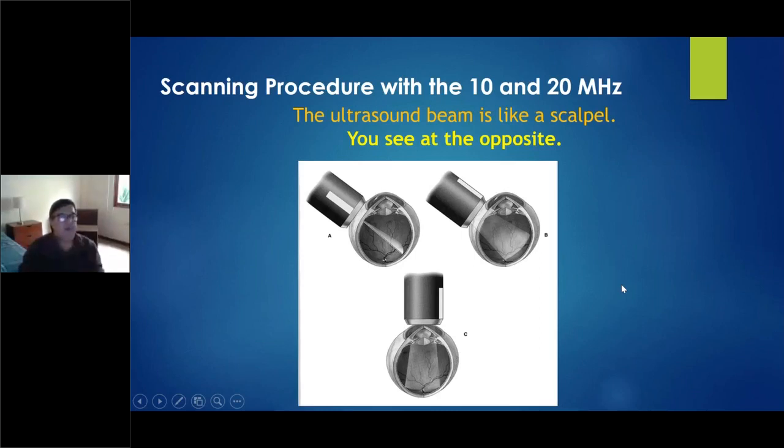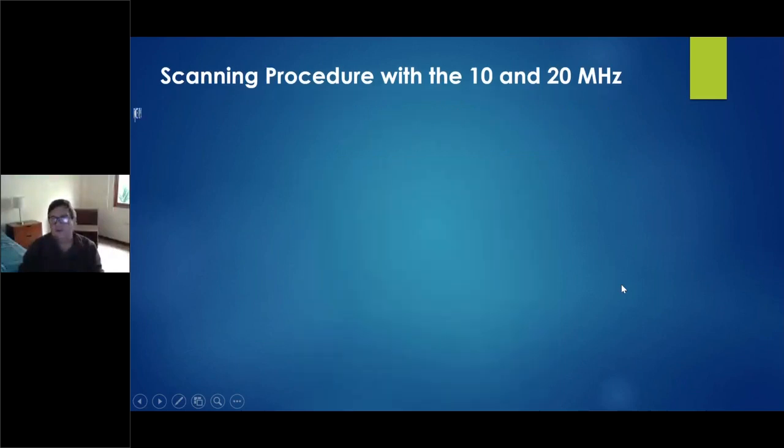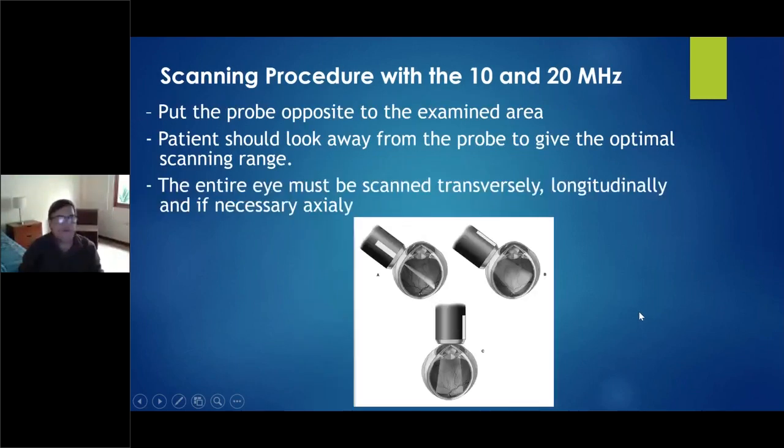You must put the probe up to the area. If you are sure there is a lesion at 12, or you have done fundoscopy, ask the patient to look away from the probe in order to rotate the eye and give the optimal scanning range. The entire eye must be scanned transversally if necessary.